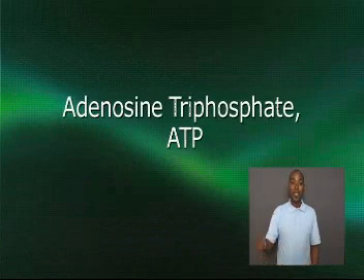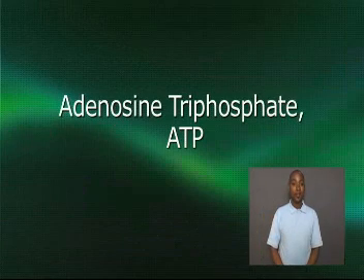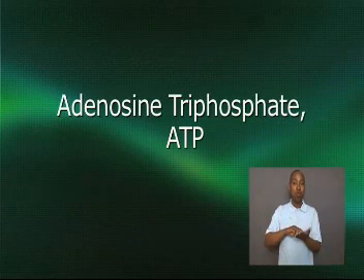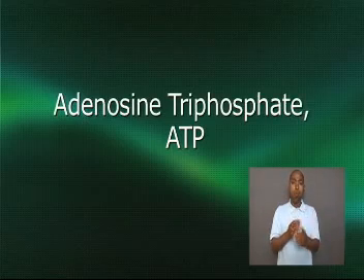Adenosine triphosphate, or ATP, is an essential molecule that provides the energy for all cellular functioning. The molecule's phosphate bonds store a great deal of energy, which can be saved until it is required by the cell.